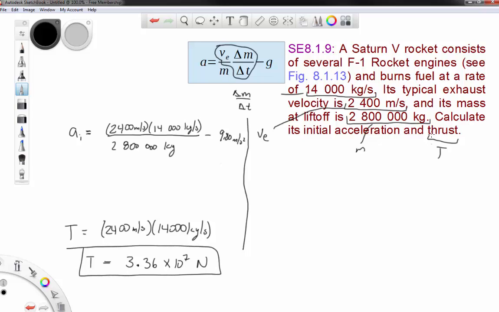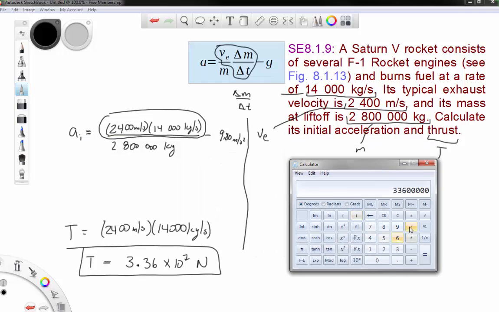So that answers this part of the question. All right, and since that was these two terms here in the numerator, what we need to do is take that number now and divide it by the 2,800,000.